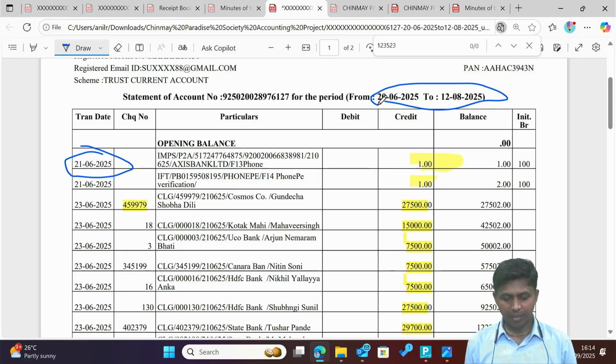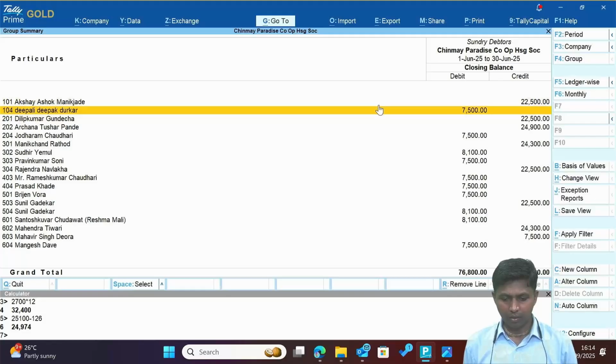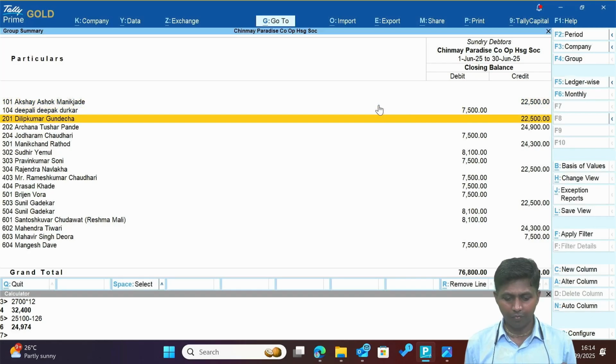Instead of providing penalty for every month, after 30th June, if the first quarter's bill is not paid, then only we will provide. Correct? What I wanted to say is, on 1st July, check the members account, all members account, and if you find balance or due amount of the members, then provide the penalty.